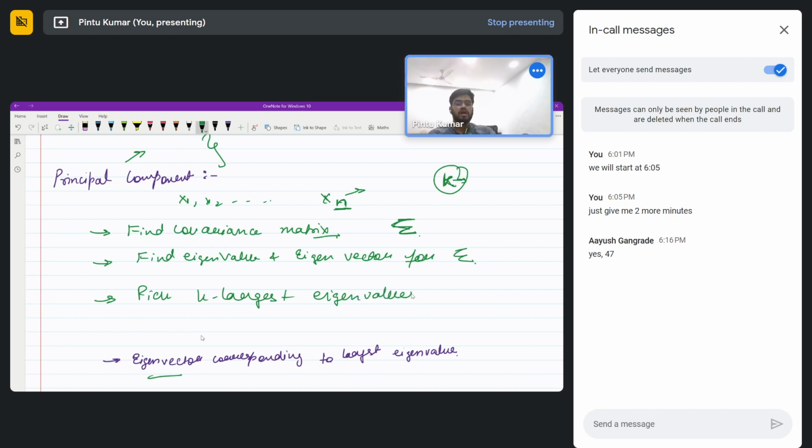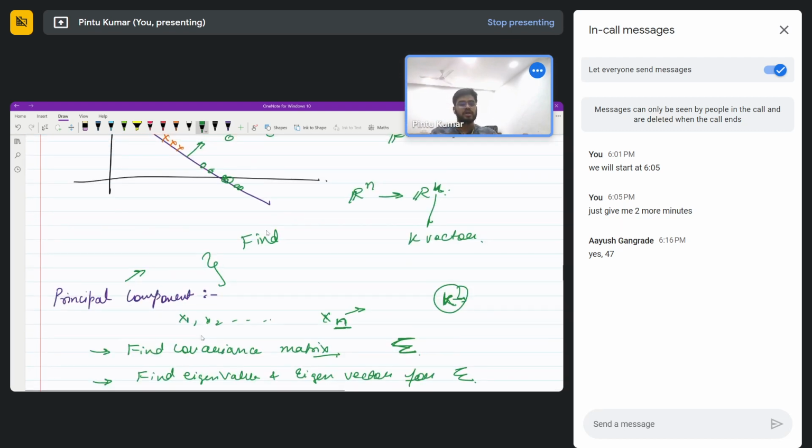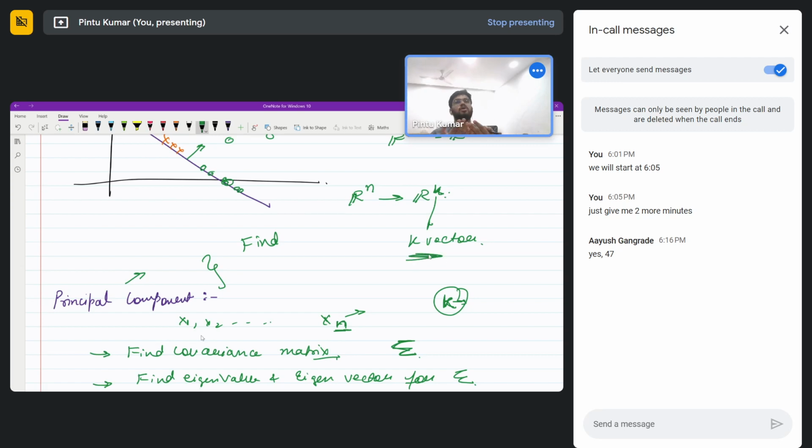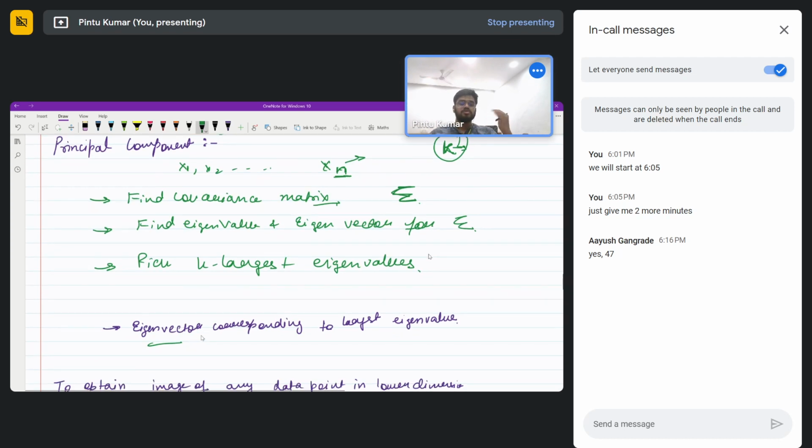The vectors corresponding to these k largest eigenvalues will be your principal components, or the k vectors you were searching for, on whose span you can project your data points. So you just need to find the eigenvalues and eigenvectors of your covariance matrix, and then pick the k largest eigenvalues, and the corresponding eigenvectors will be your principal components.